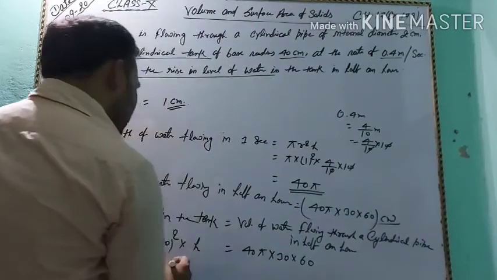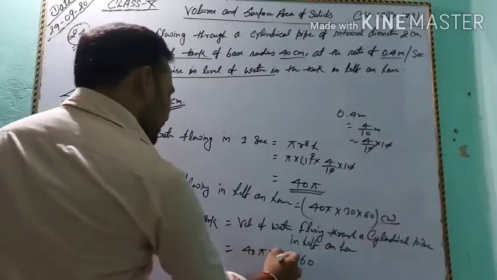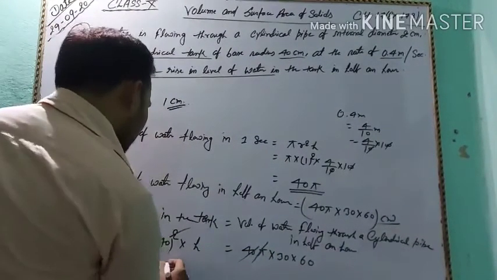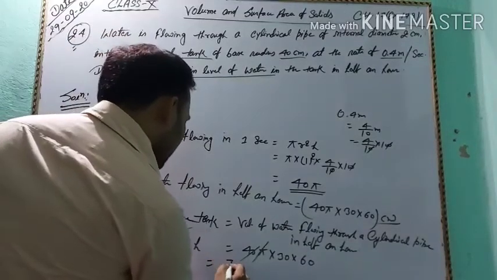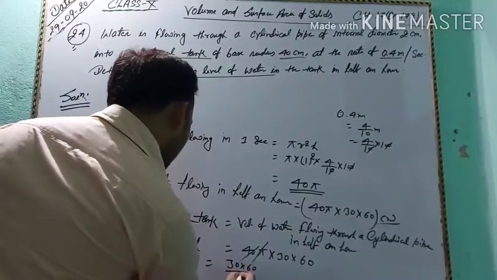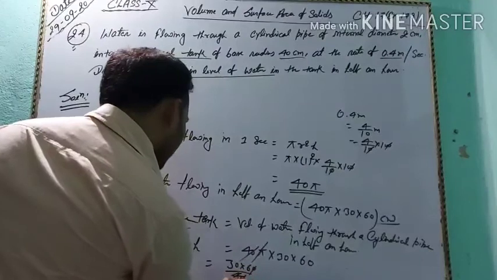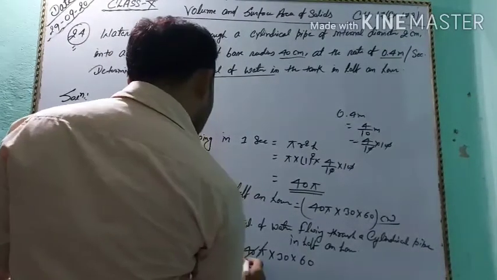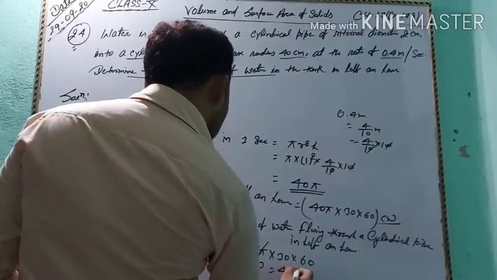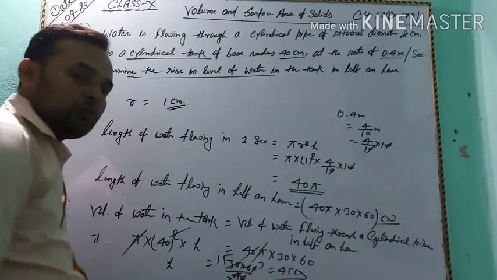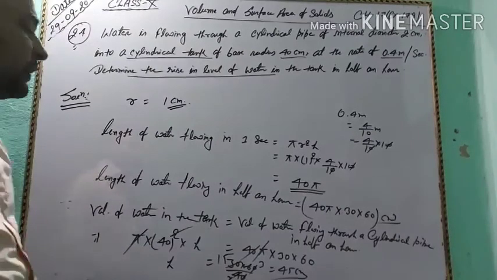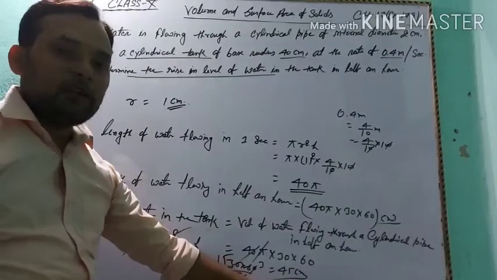Okay, so students, pi is cancel, and 40 is cancel, and h equal to 30 multiply 60 by 40. 0 0, 2 2 ja 4, 2 3 ja 6. Okay, 2 15 ja 30, 45 centimeter. So students, the rise in level of water in the tank is 45 centimeter.